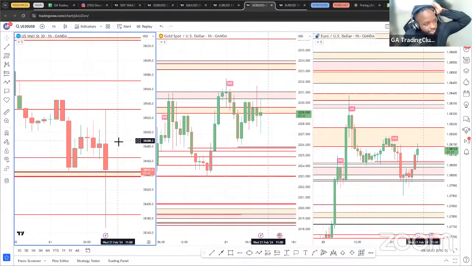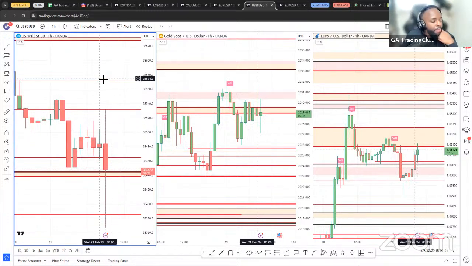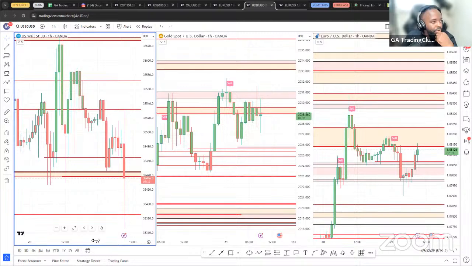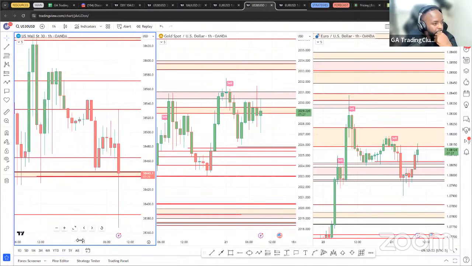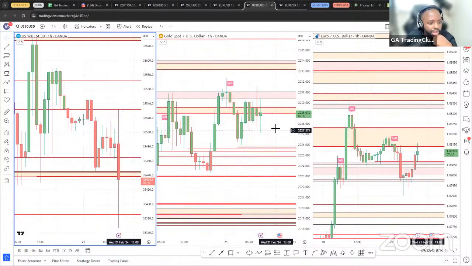On the hourly time frame for US30, no double SAR there. This is 64. Nothing for US30 on the hourly.